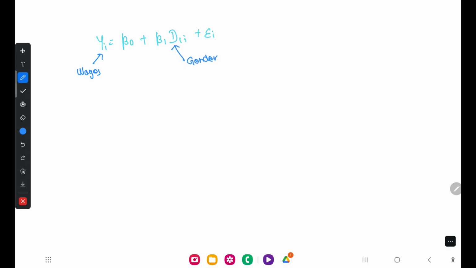So I'm going to recode it like this. D1i is equal to 1 if it's female, and 0 otherwise. That means if it's male, we will write 0. If it's female, we will write 1.